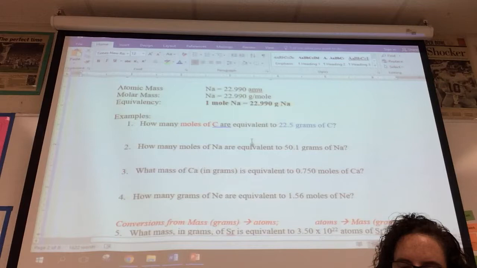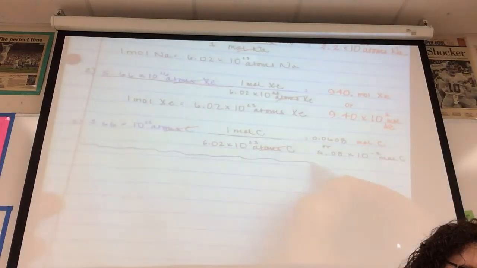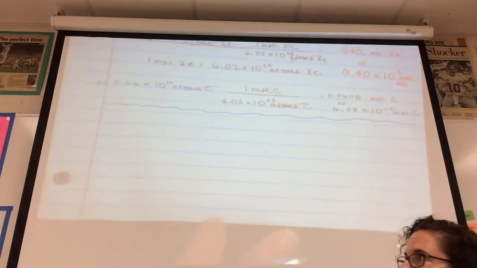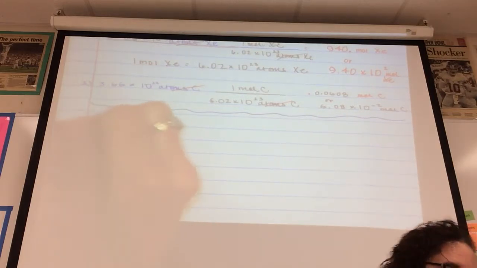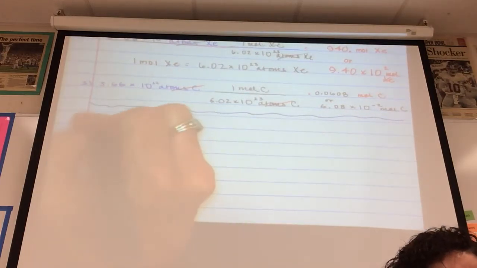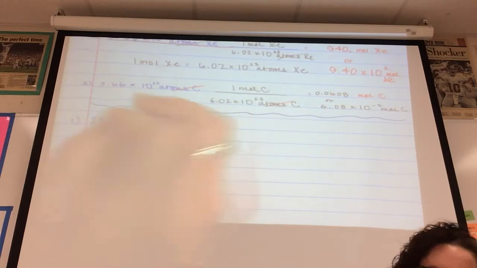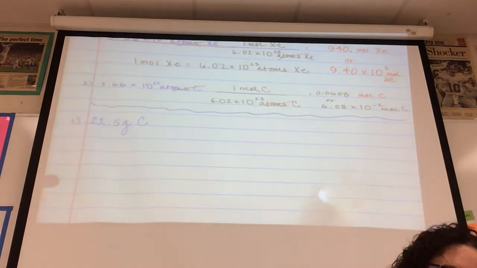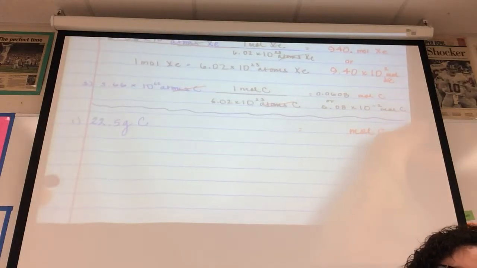Same setup with given and unknown as we saw previously. Start with your given, which is 22.5 grams of carbon, and we want to know how many moles of carbon are equivalent.